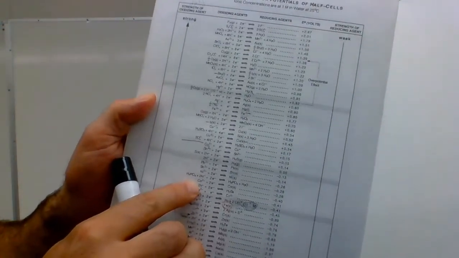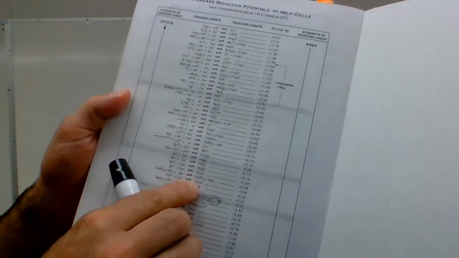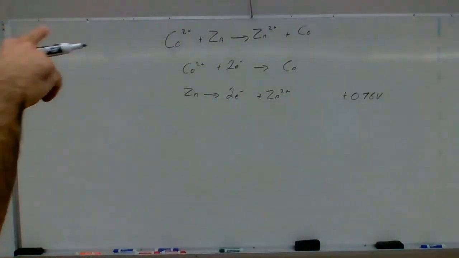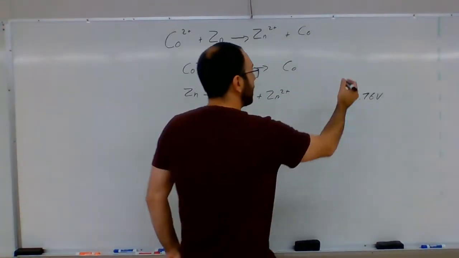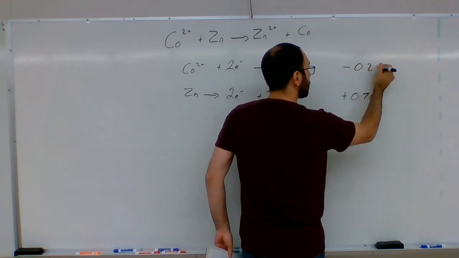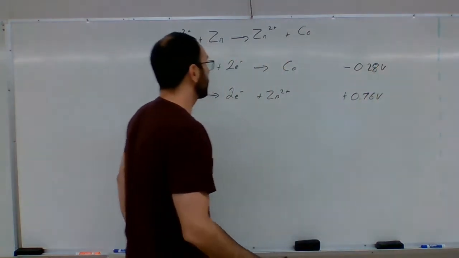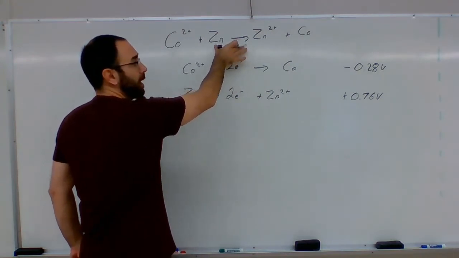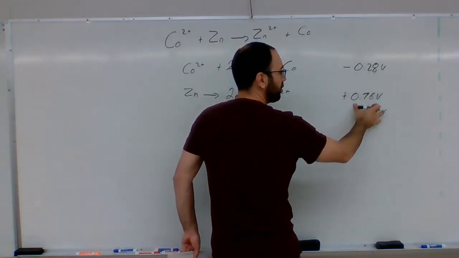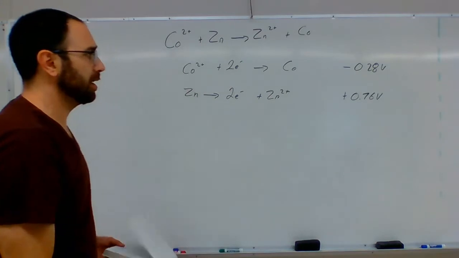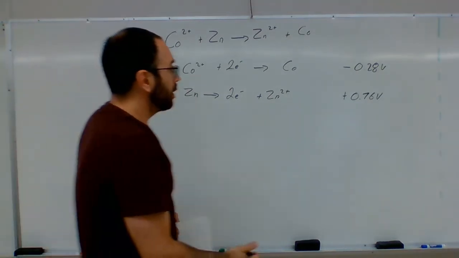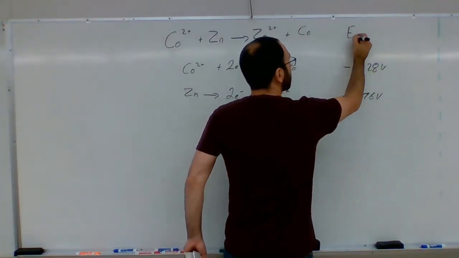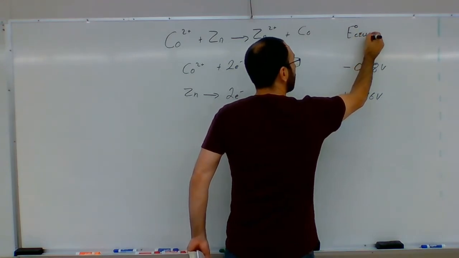That is the direction we have it on here, and this has a negative 0.28 volts. When I add these two reactions up, I end up with this top reaction. So I can add up these two voltages as they are listed here. And I get an E naught for this cell that is equal to 0.48 volts.